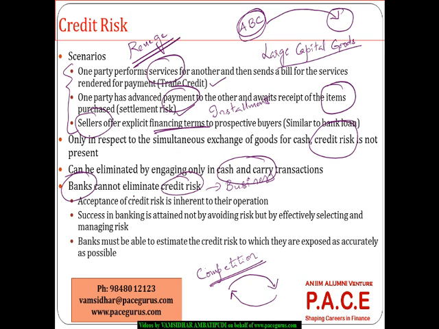This means they are typically engaged in the process of credit itself. So a bank cannot avoid the credit risk. The only thing it can do is effectively select the risk and effectively manage it.